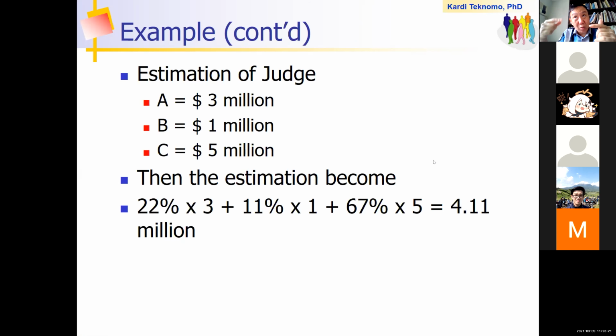So it means you can actually make judgment. Based on the previous data, I can get that this is about 6%. If you use data, that means you use relative frequency.